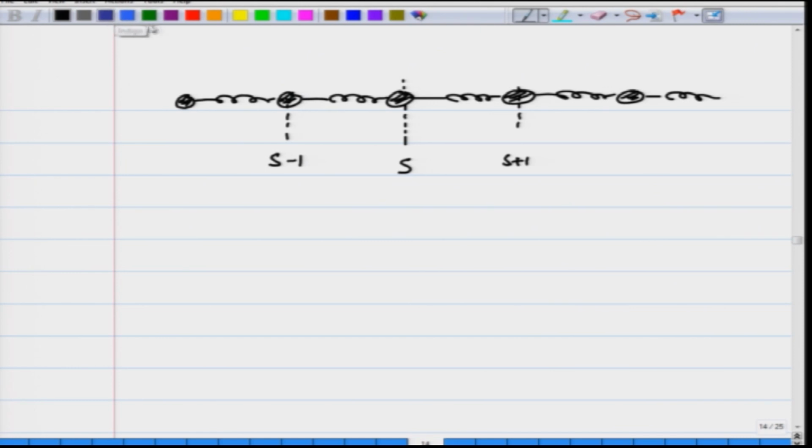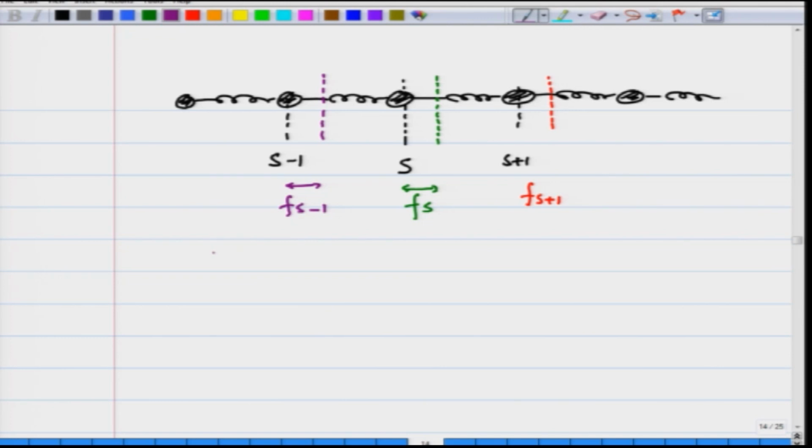This fellow has been displaced by Fs, this fellow has been displaced by Fs plus 1, and the previous one has been displaced by Fs minus 1.